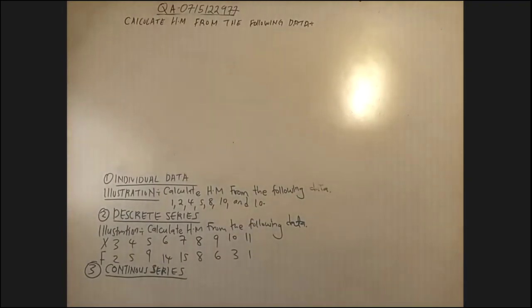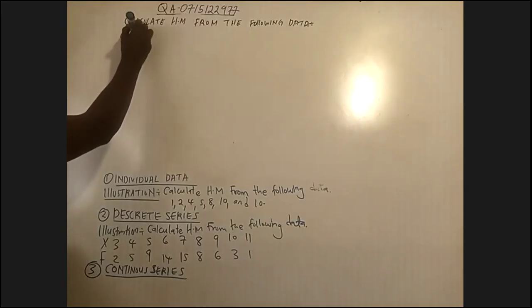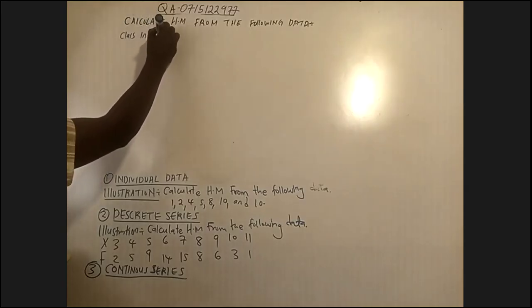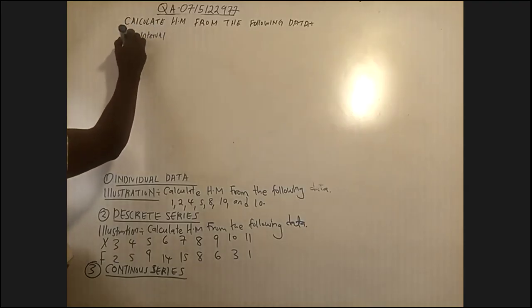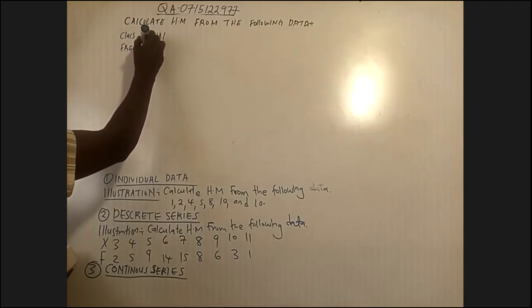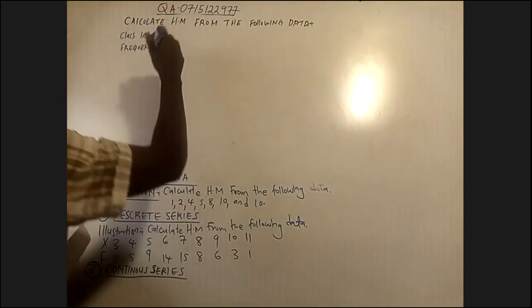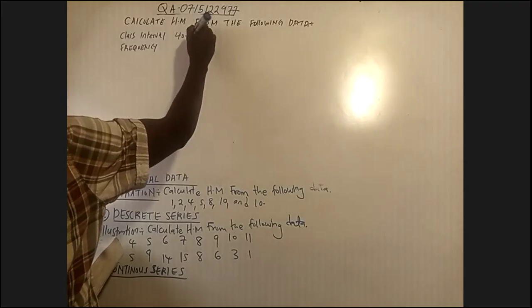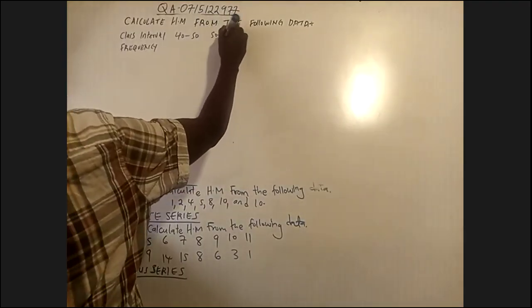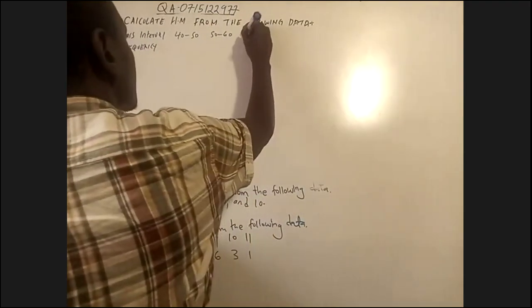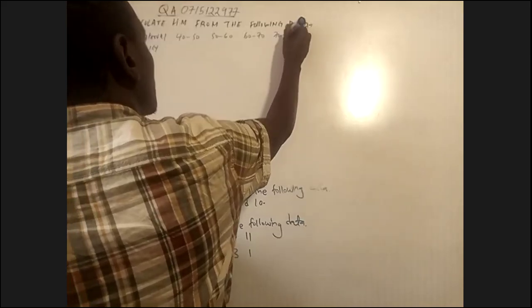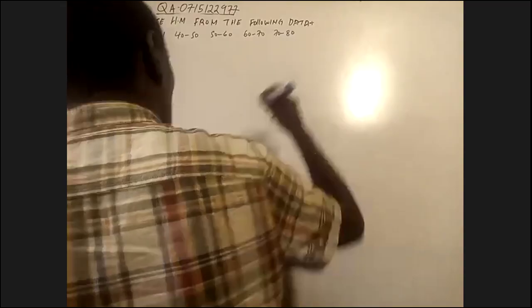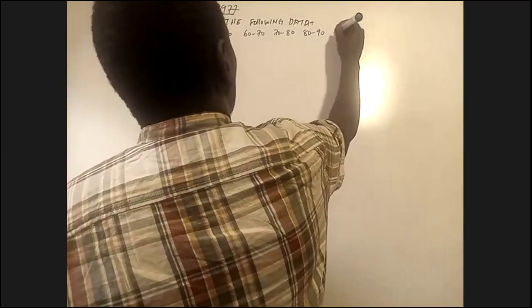Now, class interval, then frequency. 40 to 50, 50 to 60, 60 to 70, 70 to 80, 80 to 90, 90 to 100.